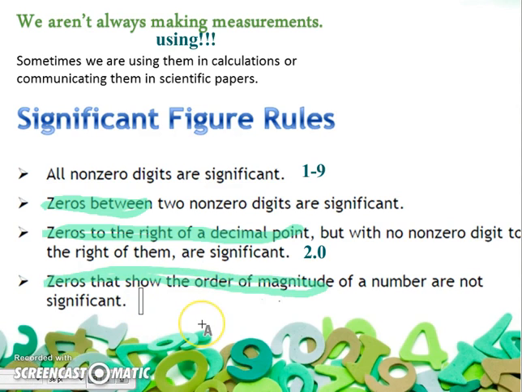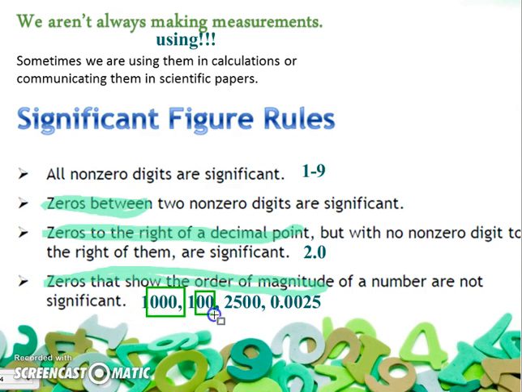So if we didn't convert something into scientific notation, for example, 1,000, 100, 2,500, 0.0025, and so on and so forth. The zeros that are not significant here are all of the ones that would show us how big the number is. Because what happens is we can actually rewrite these in scientific notation and not even show those zeros. We would show them as powers of 10.